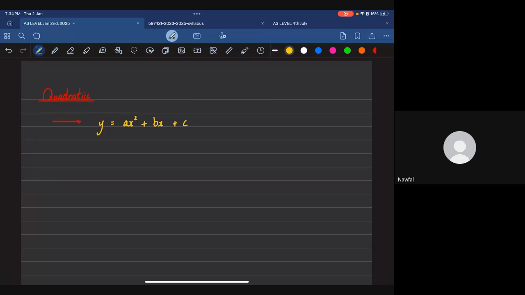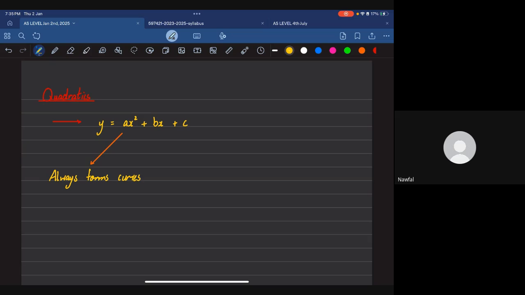So the first thing that comes to my mind is that the quadratic equation always forms what? It always forms a curve on the graph. That is one property that I know regarding the quadratic equation, that it always forms curves on the graph.